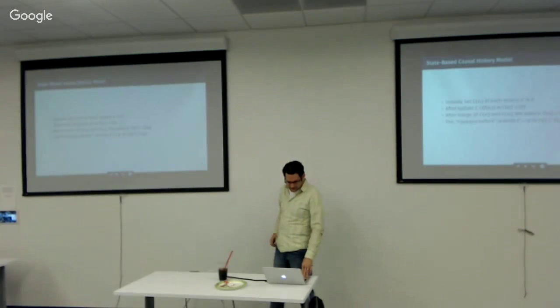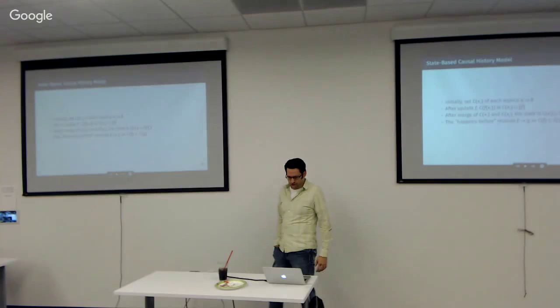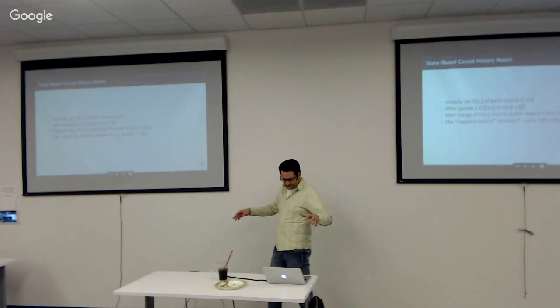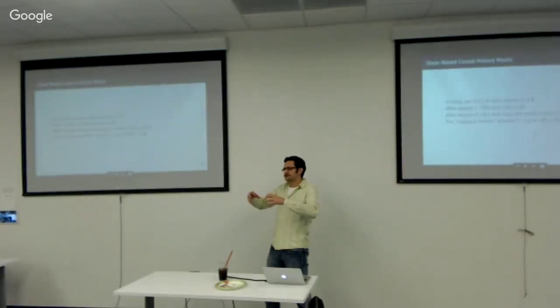So after that, when that set of operations goes to the other replicas downstream, we union those sets together to get the causal history of the resulting update downstream.